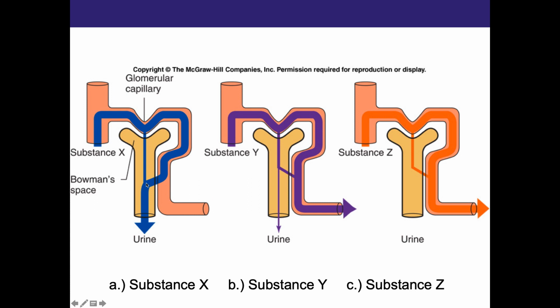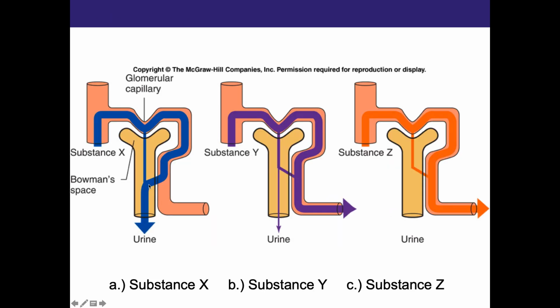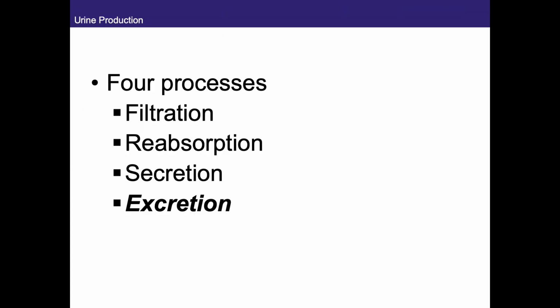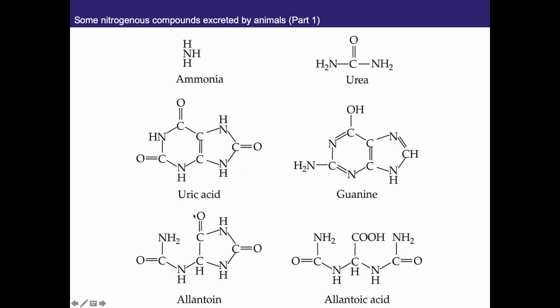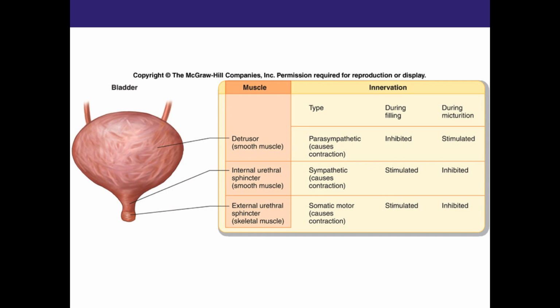Excretion is when you are eliminating fluid. You're actually eliminating fluid from your body through the urethra. Okay, so that's excretion. We talked a little bit about these molecules, nitrogenous wastes, but this is the actual process of excretion.